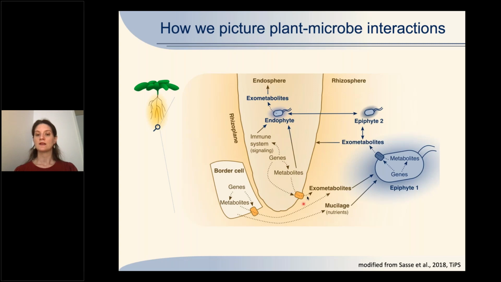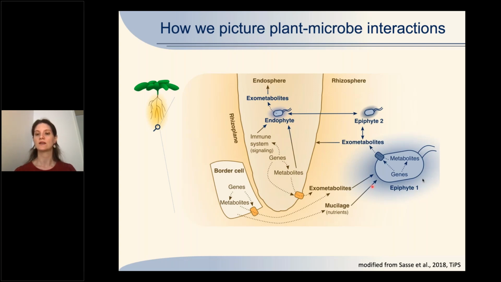I depicted a little transporter protein here, but actually for most of the compounds, we don't know how they are exported from the root's interior into the rhizosphere, which is one of the points I want to get back to later.